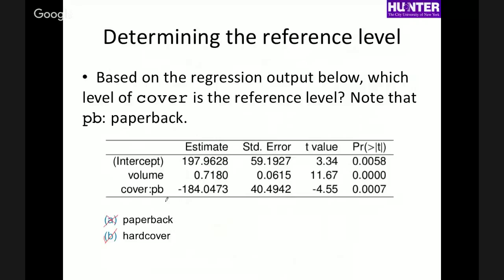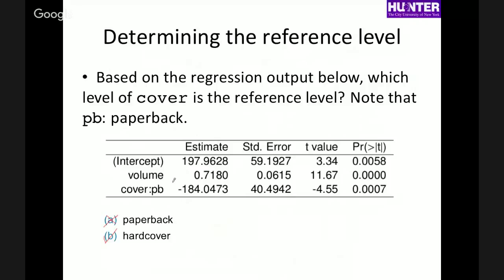So we have chosen the hardcover book as the reference category. What that means is that as we interpret our model, the intercept is going to be the weight of a book that has 0 volume and is of the reference category.